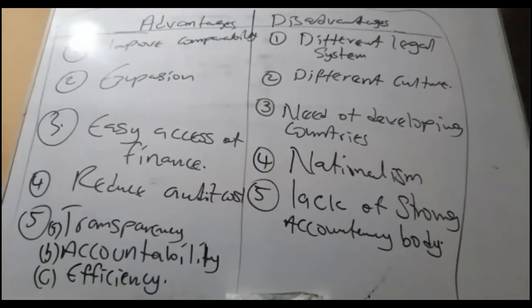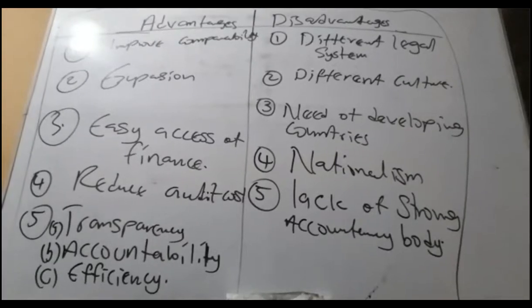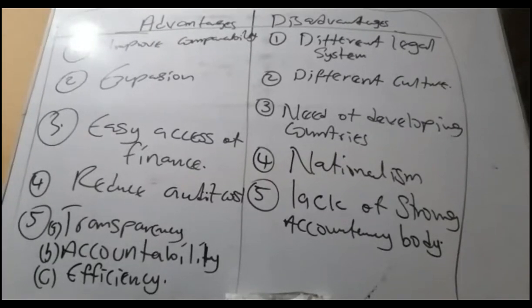Even with a body to enforce it, people are misusing it, and now you don't have anybody to enforce it. But thank God that we have ACCA and ICA Ghana to enforce the use of the IFRSs.